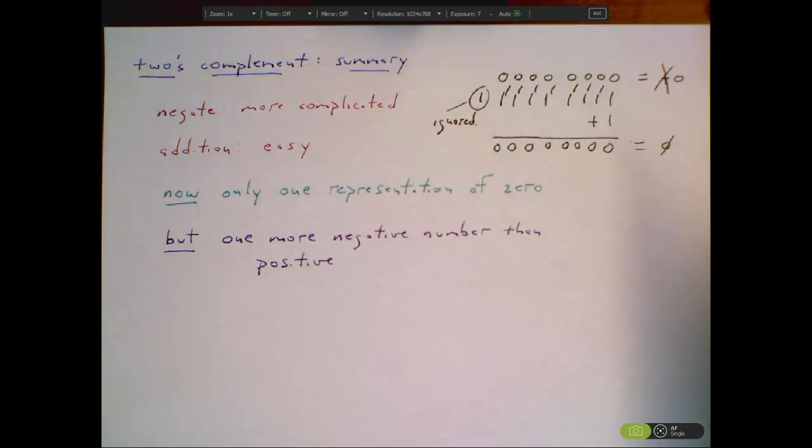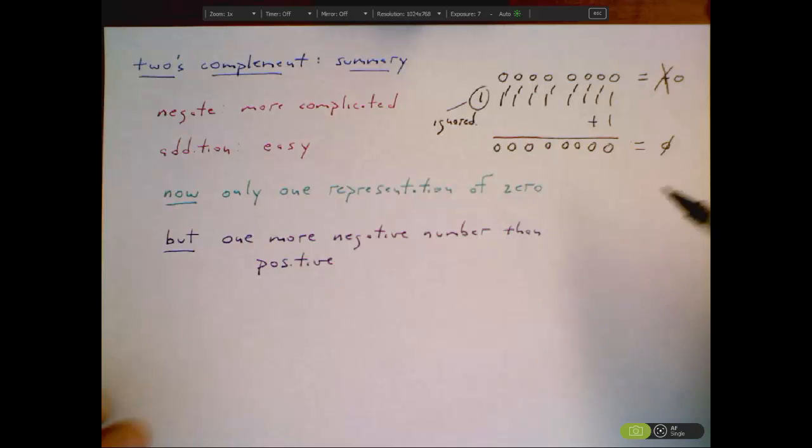If I subtract one bit pattern out for 0, that leaves me an odd number of bit patterns to divide between positive and negative numbers. With 2's complement, the extra number, so to speak, is put on the negative side of things. So we're trading off. We only have one representation of 0, but we have one more negative number than positive. And that can also be a problem at times.